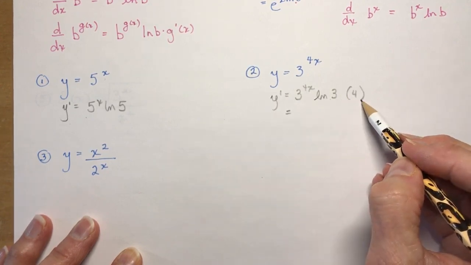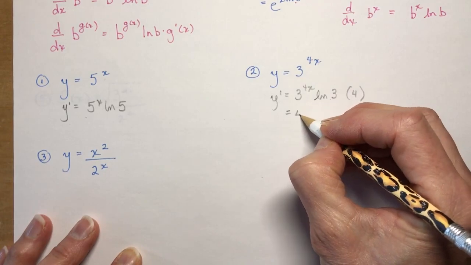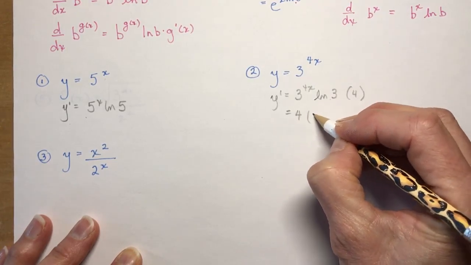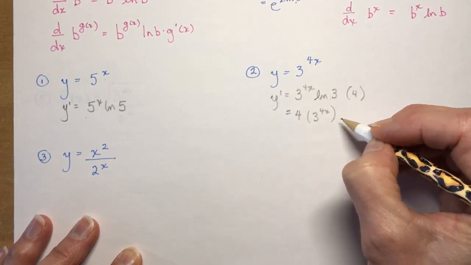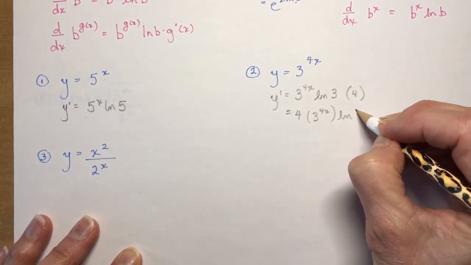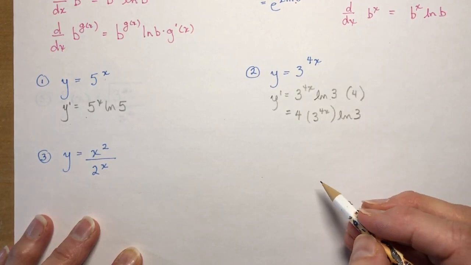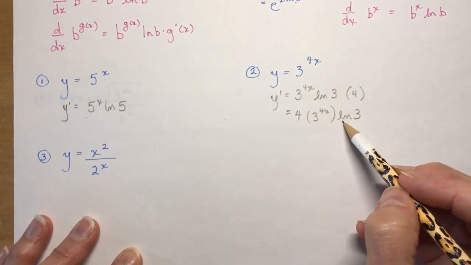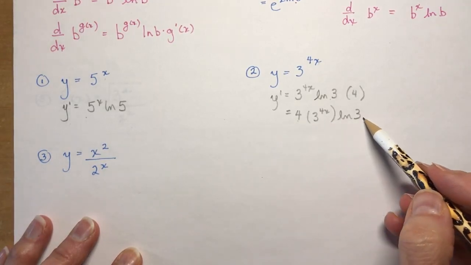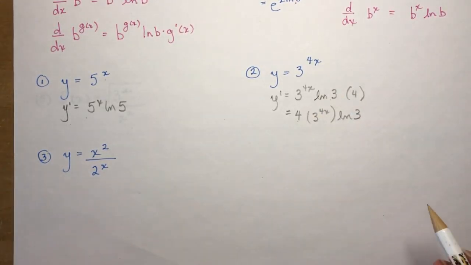That is not the same thing. And neither is it the same thing for you to multiply 4 times 3 here, as I'm sure you're fully aware. Those are really bad math mistakes. So 4 times 3 to the 4x ln 3 is your solution. It's always nice to write it with the ln at the end.